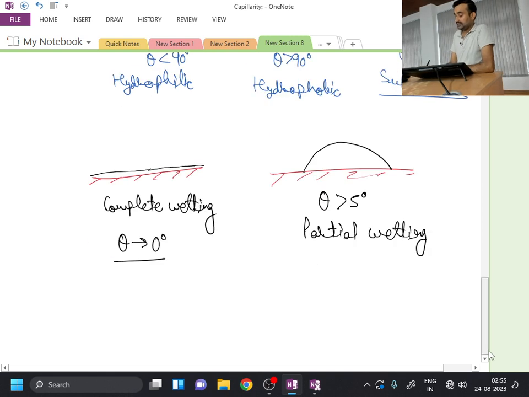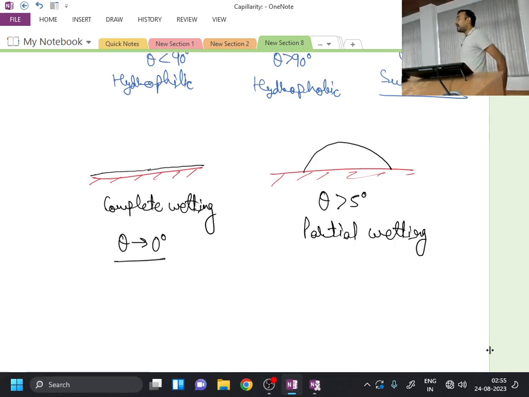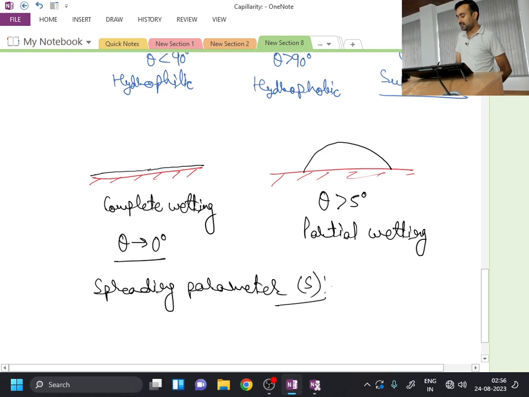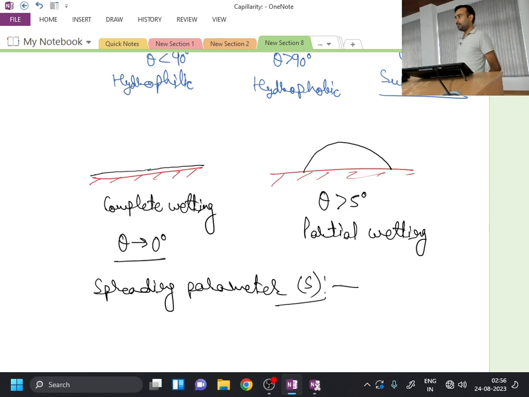Okay, and whether we have complete wetting or partial wetting is defined by one important parameter called the spreading parameter S. So we have one spreading parameter S which defines whether we will have complete wetting or partial wetting.